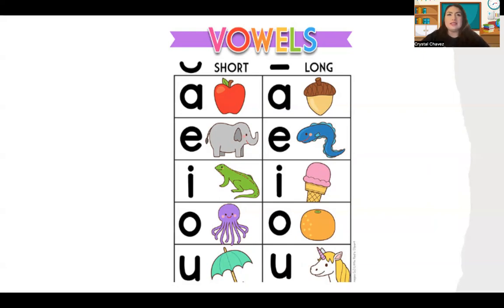Okay, guys? It's not very tricky to identify a short vowel from a long vowel, because a short vowel is just a sound, and the long vowel is really saying the letter's name, right? Like I and I, long and short.